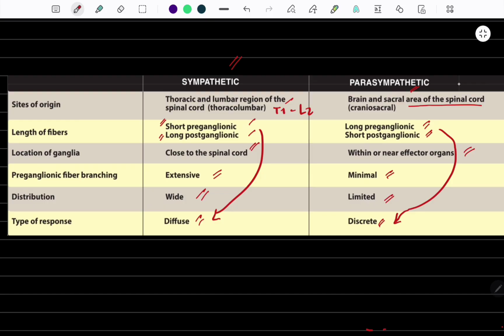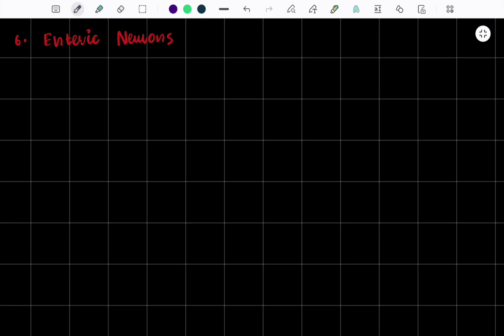Here let us discuss the enteric neurons. The enteric neurons are basically the neural network of the GIT, right? Gastrointestinal tract, which is also known as the alimentary canal.